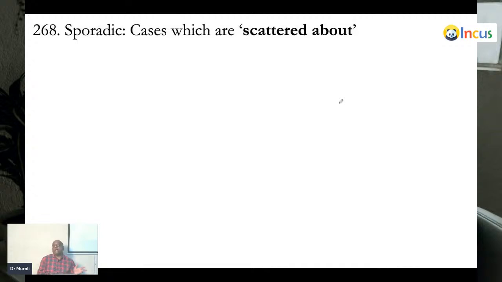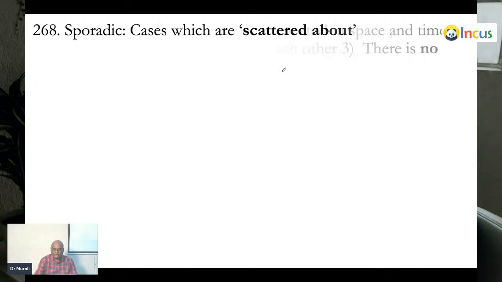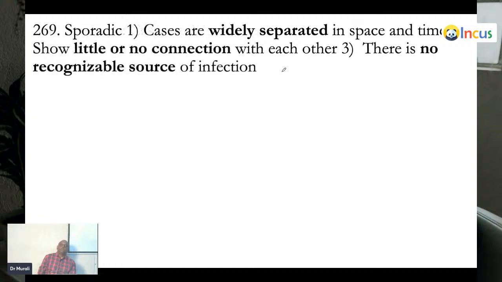Then what is sporadic? Sporadic is 2 to 3 cases in Tamil Nadu, 4 to 5 cases in Meghalaya. So they are all scattered around. That is sporadic. So cases are widely spread, both geographically and also in time.